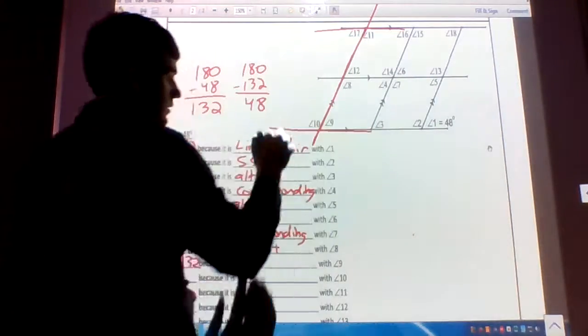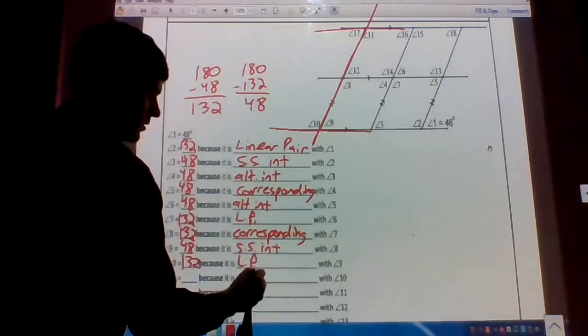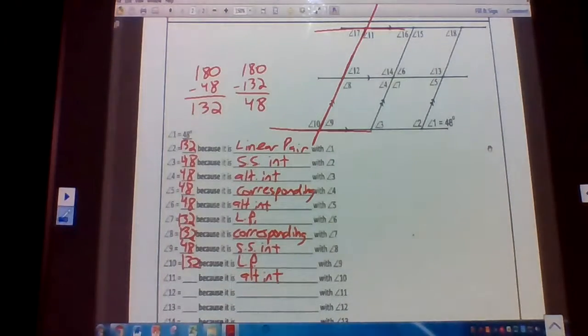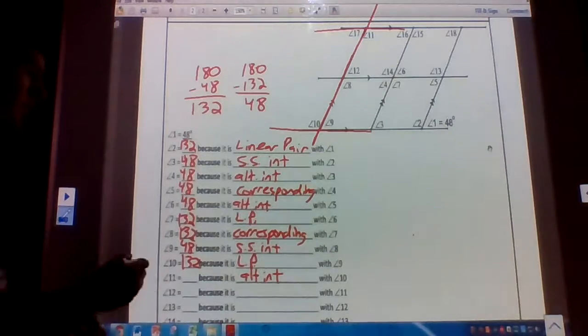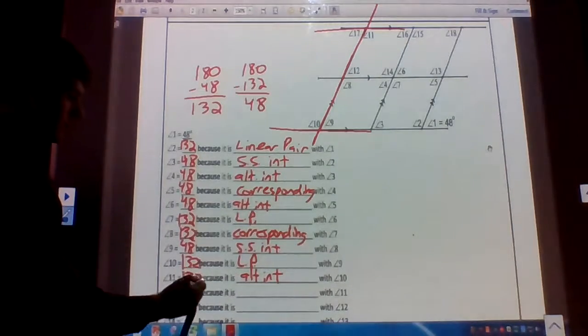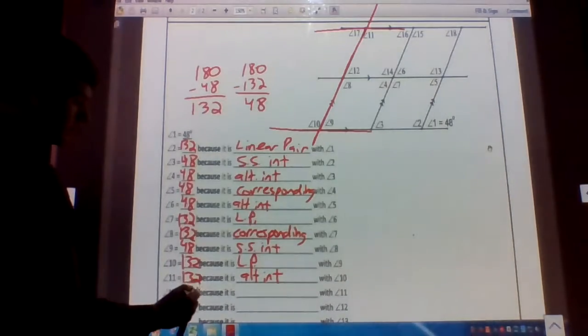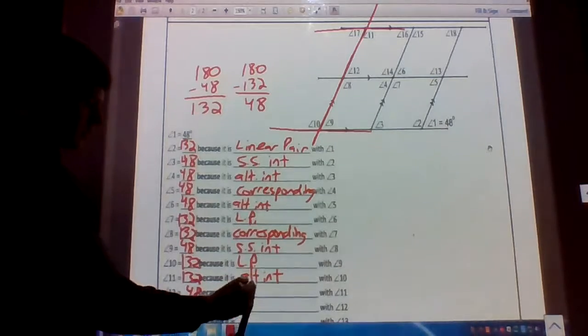These are going to be alternate interior, and alternate interior are congruent, so that's 132. 11 and 12 are same side interior, so they're supplementary. So 180 minus 132 is 48.